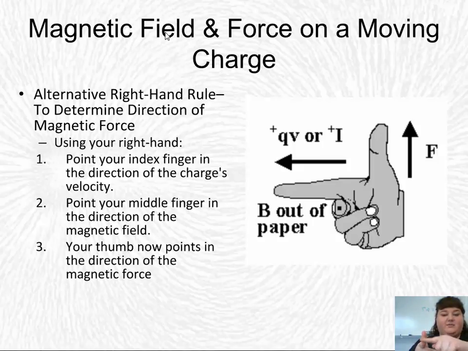Your pointer finger is going to represent the direction of your charge's motion, so the current or the velocity. And then your fingers coming out to the side here are going to represent the direction of the field. So if I have my hand like the picture, thumb is upwards, finger points in the direction of velocity, the field points in the direction of the other fingers of your hand.